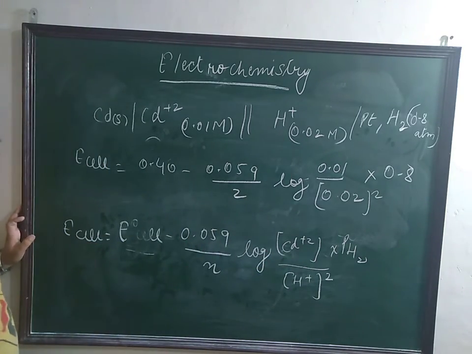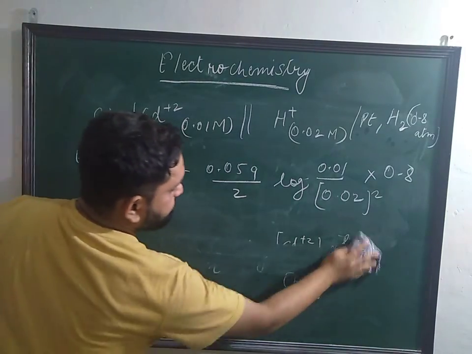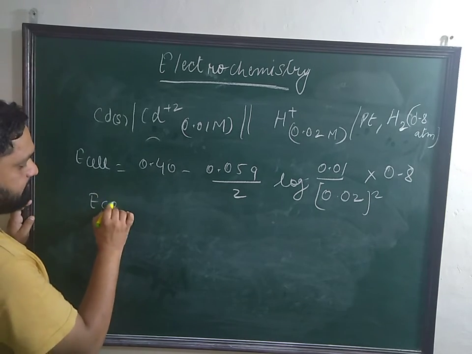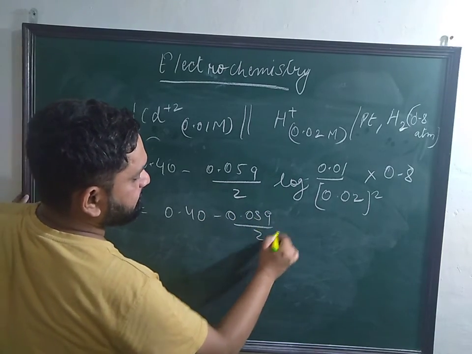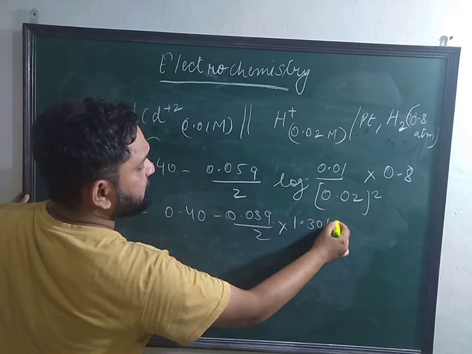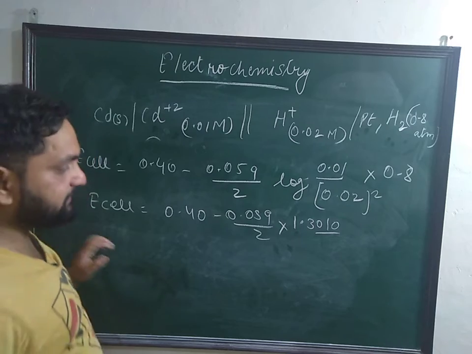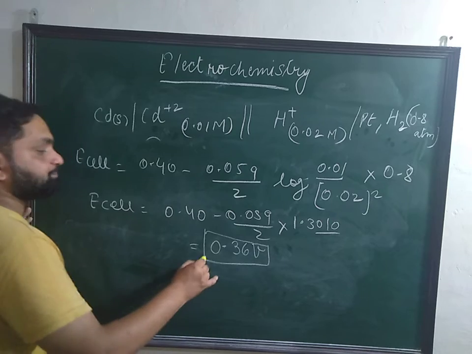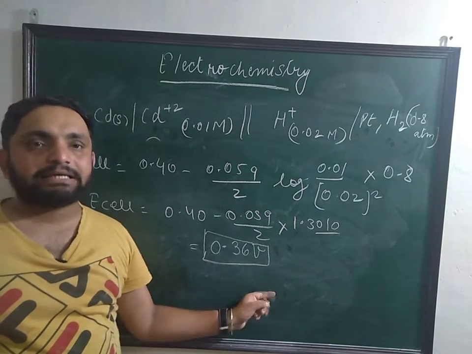Whenever you solve this whole term, you will get the value 1.3010. Solve it, and you will get the answer 0.63 volt. This is how you can apply the Nernst equation whenever you are given a gaseous electrode.